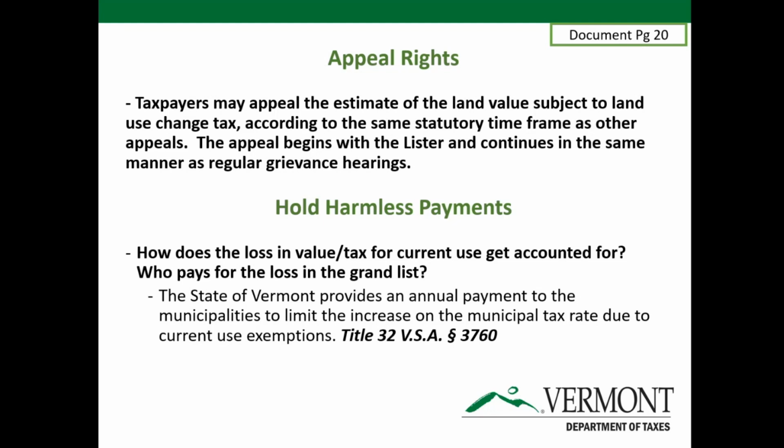Anything here about hold harmless, Christy? So in short, the towns are getting paid for what they lost on their municipal tax because of current use. The education tax that was lost is funded by all of Vermont taxpayers because it comes out of the whole education pool or money before the rates are set.